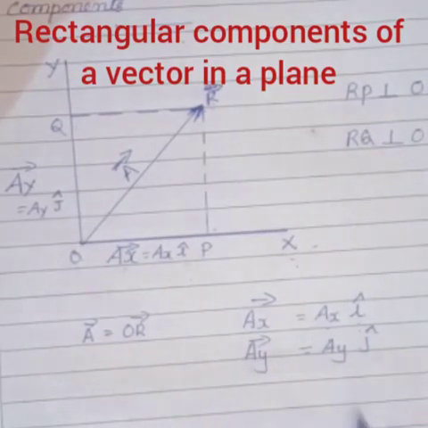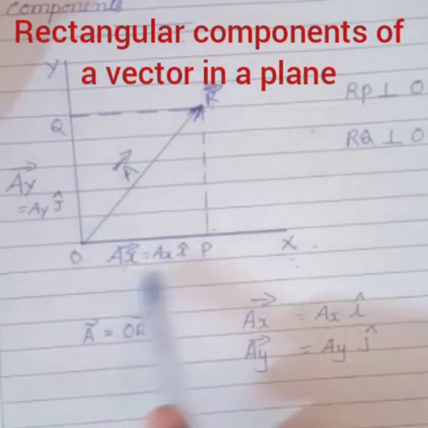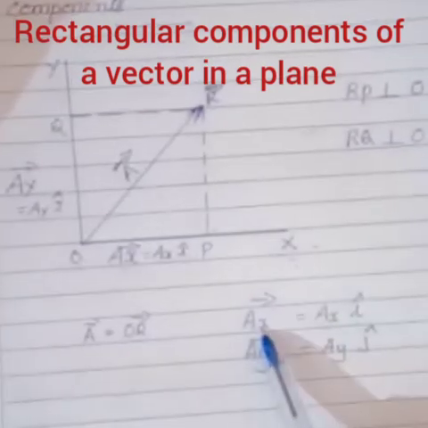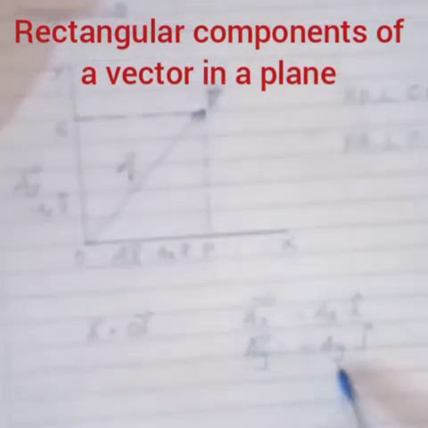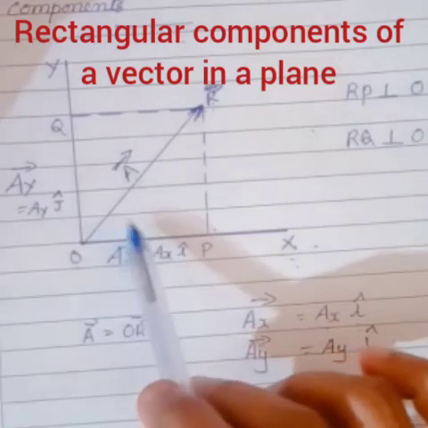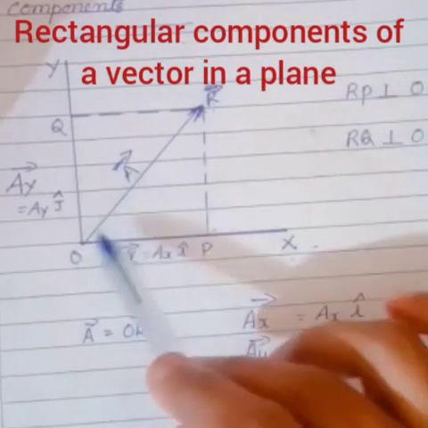You got the point? Ax is a scalar quantity. Ax into its unit vector i cap becomes what? Vector Ax. And also Ay into its unit vector j cap is what? Vector Ay. Okay. Then you have to apply vector addition here. That is OR.